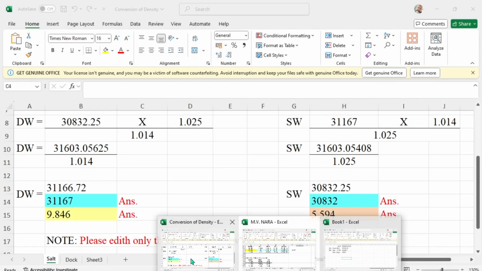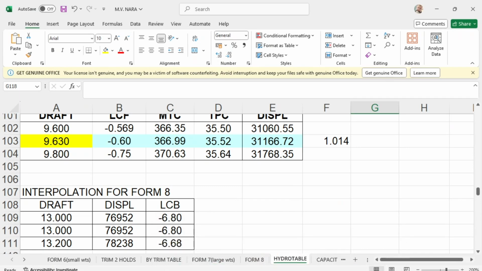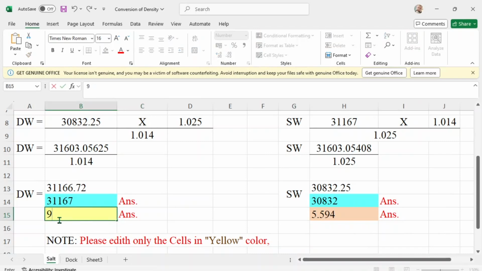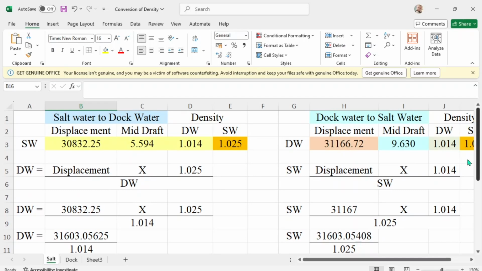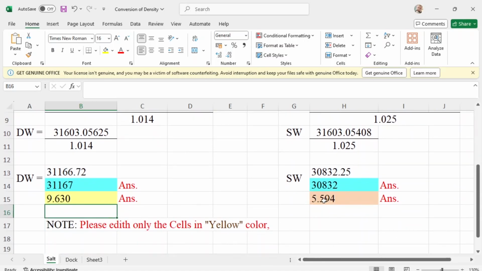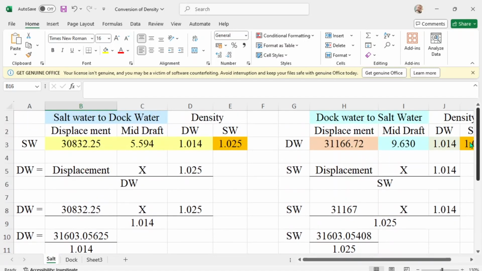9.63. It should be 9.63. Okay. So 9.63. Then you will have 30832.25.